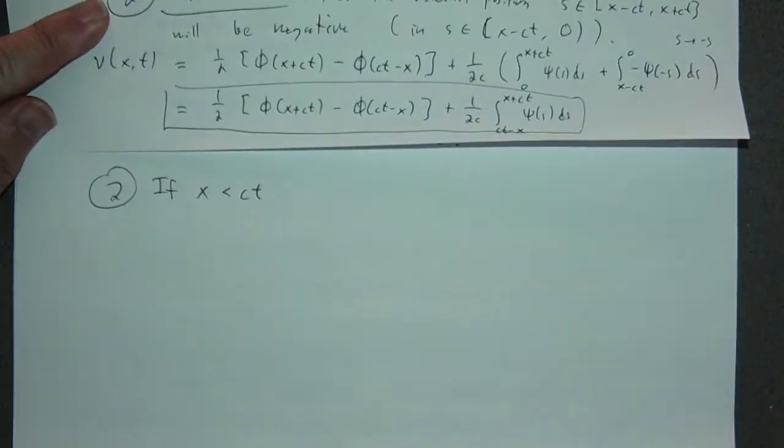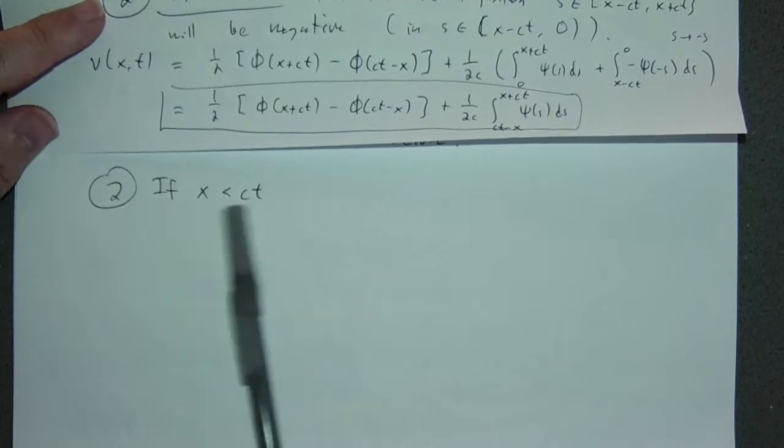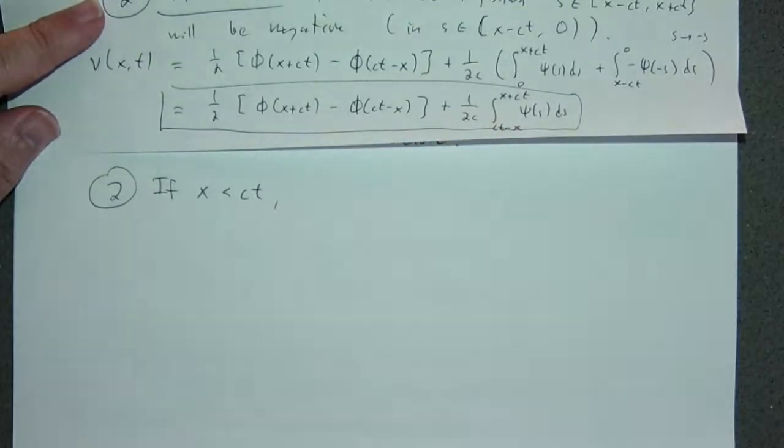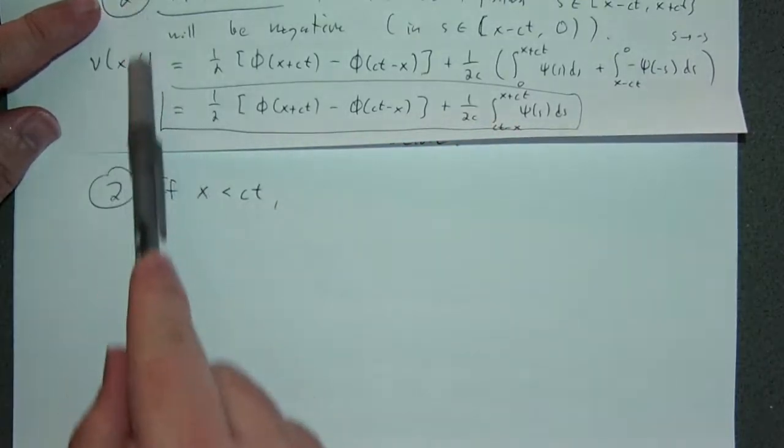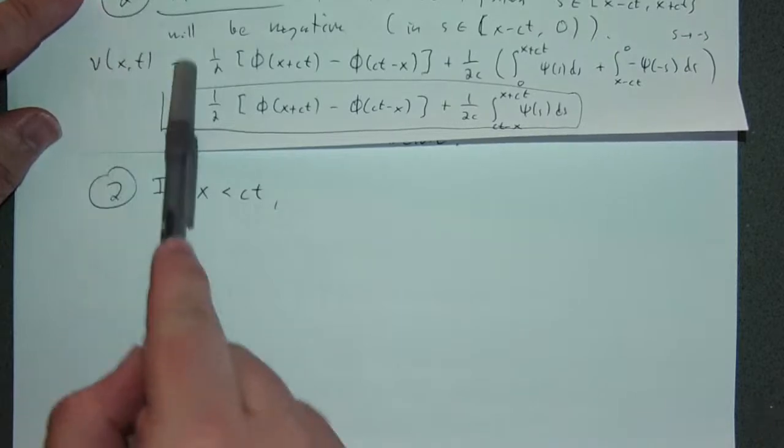Now, what is going on here? If x is less than ct, then the solution, which is, remember, telling me displacement, right?